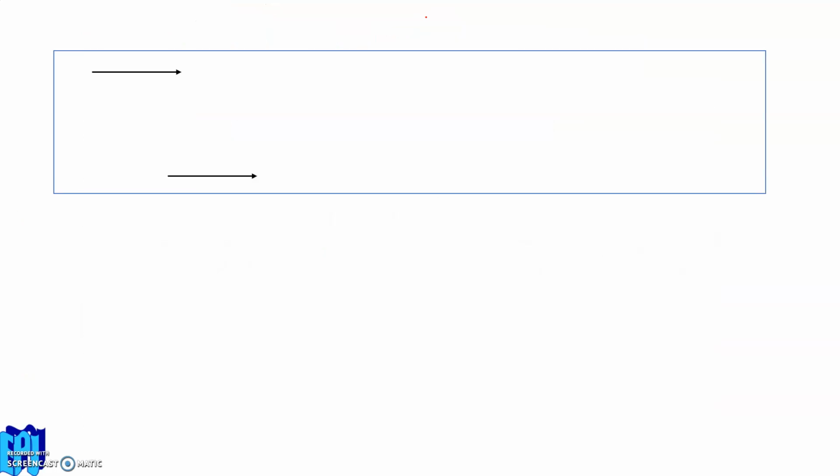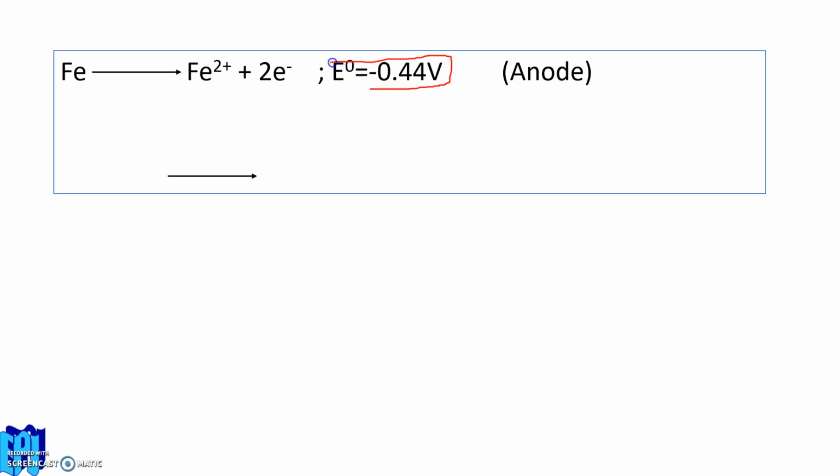Let us discuss the equations in detail. The oxidation reaction is Fe gives Fe2+ plus 2 electrons. The E0 value is minus 0.44. The cathode reaction is 2H+ plus 2 electrons gives H2.